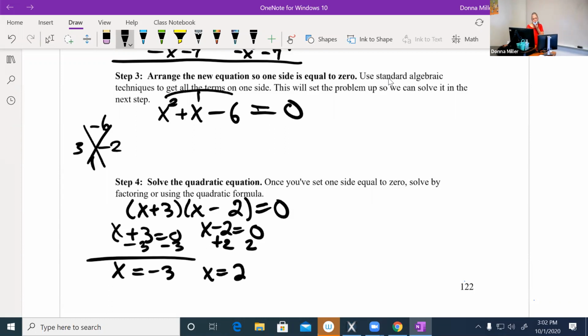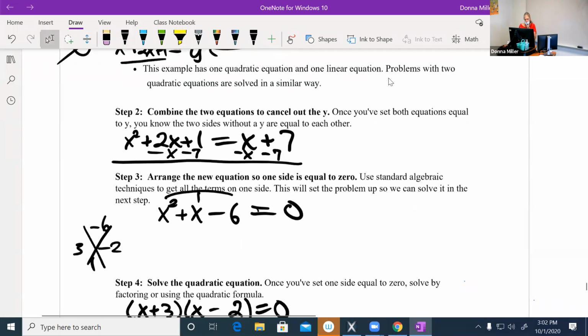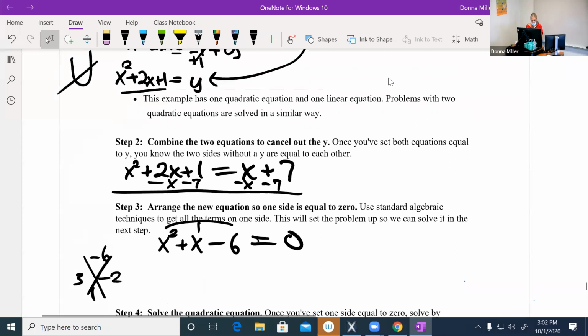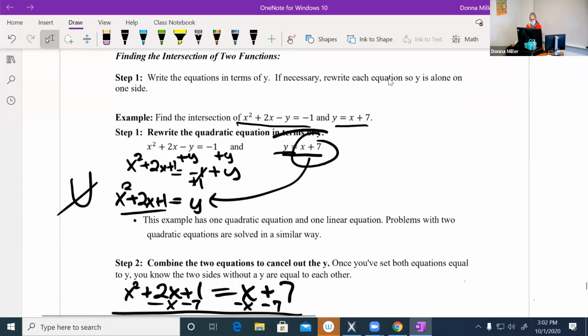Now, when I ask you for a point, that implies that you want not just x, but y also. So you can use either equation, y equals either one of these. So where's y? y is x plus 7. That's a nice one to use, right?